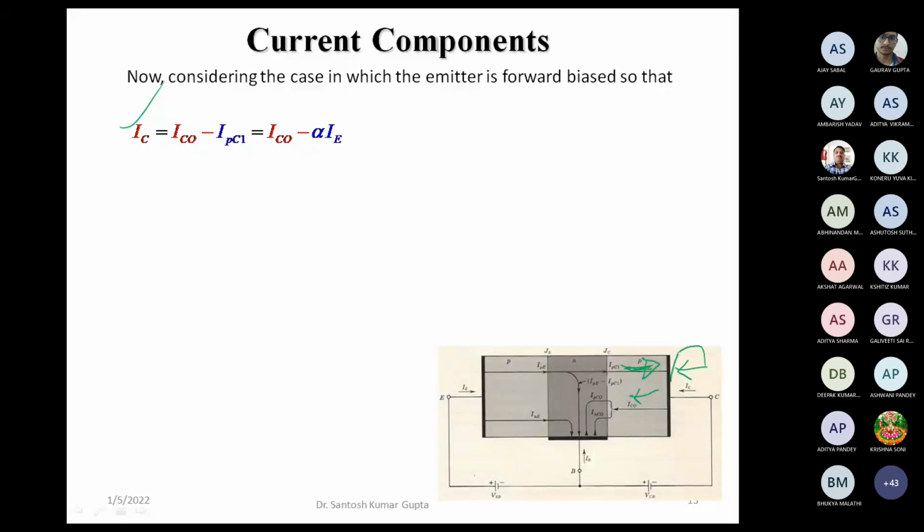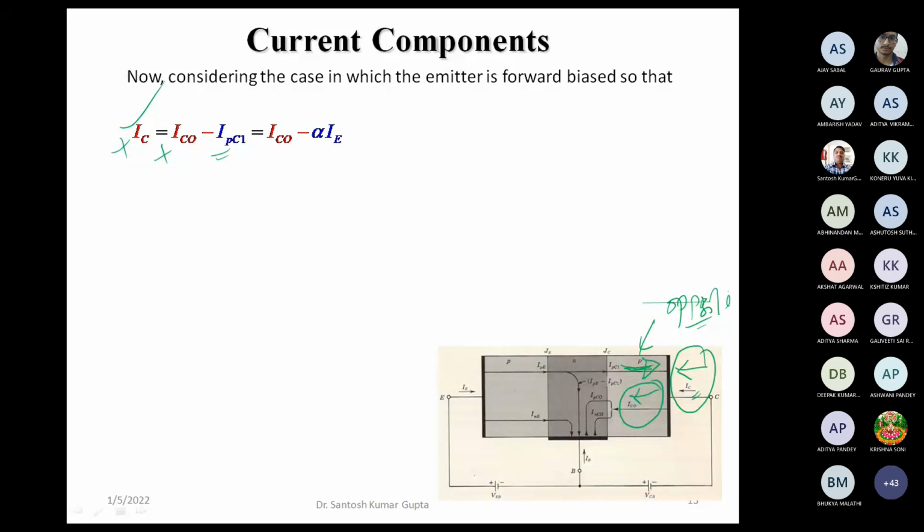So the directions of IC and ICO match. That's why these are kept positive here. And the direction of IPCO is just opposite to the reference IC current direction, so a negative sign is put here.